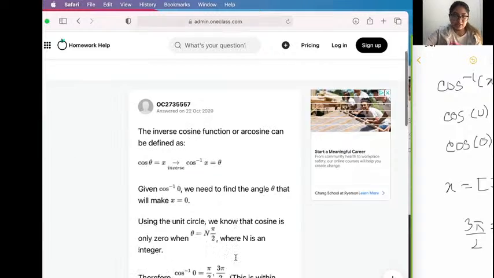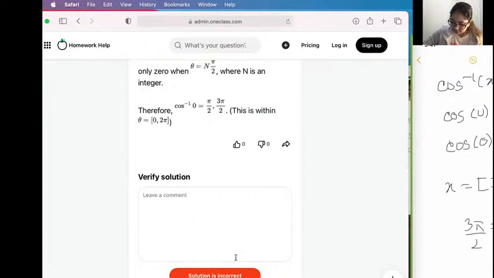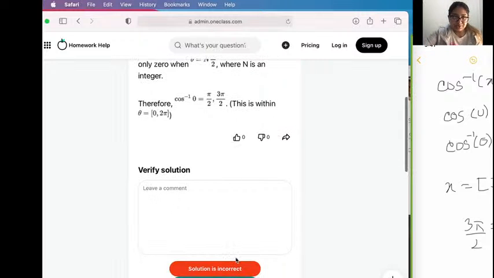So this is what we get. Yes, so cos inverse of 0 is equal to this. So then theta, basically, which I said was x, you can say theta is equal to 0, or like pi over 2 is in between these two values.